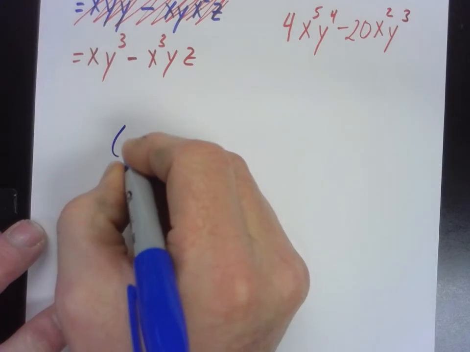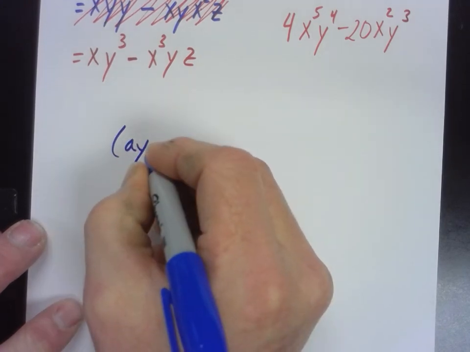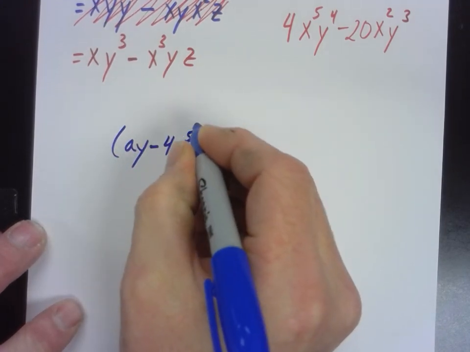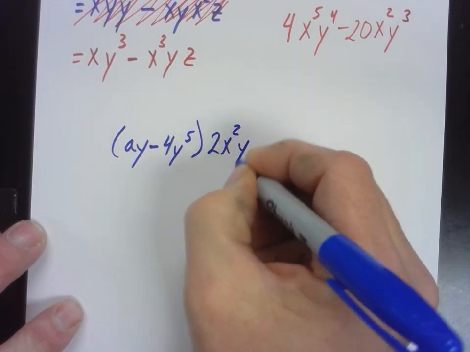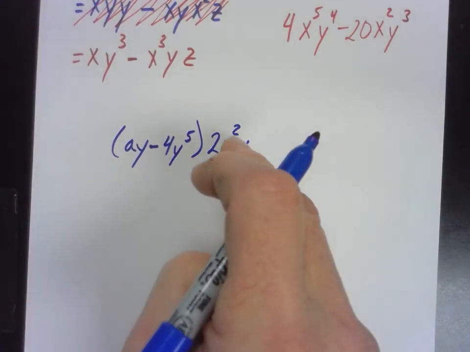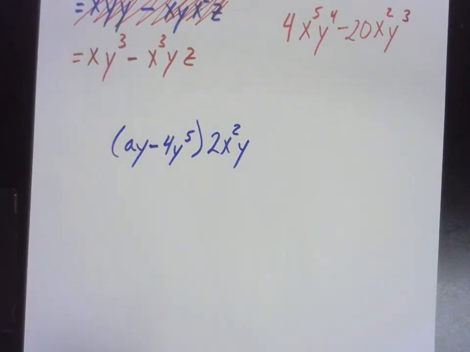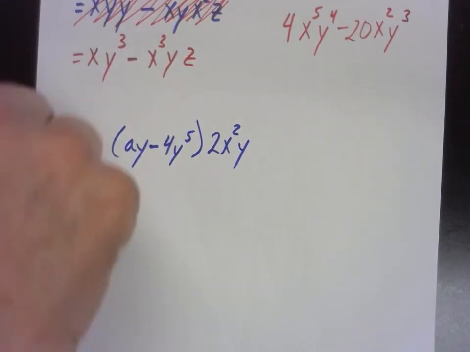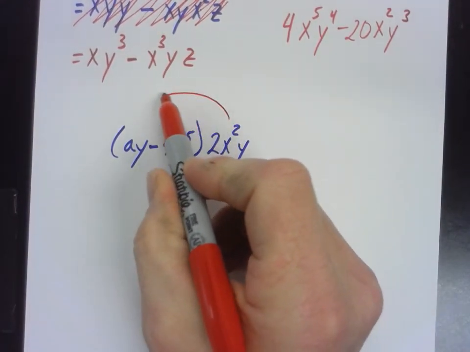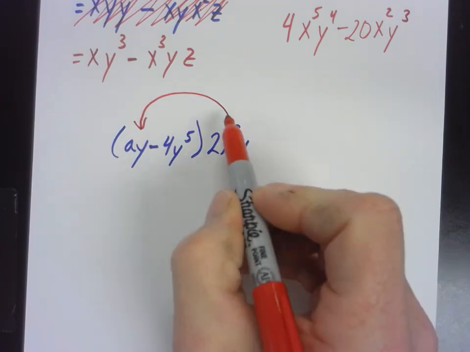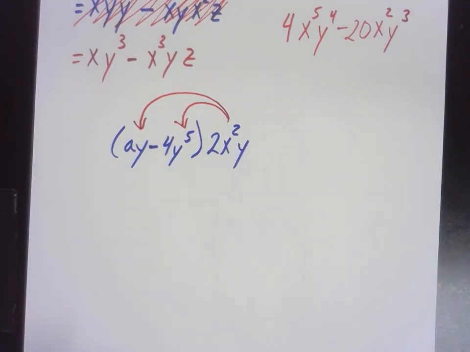Here. Let's do this one a little bit different. Times the term here, 2x squared y. Normally we put this term out in front, and we could at this point, but it doesn't matter. But we're still going to do it in the same order. We're still going to multiply the first term in the parenthesis first, and then we're going to multiply the second term second.